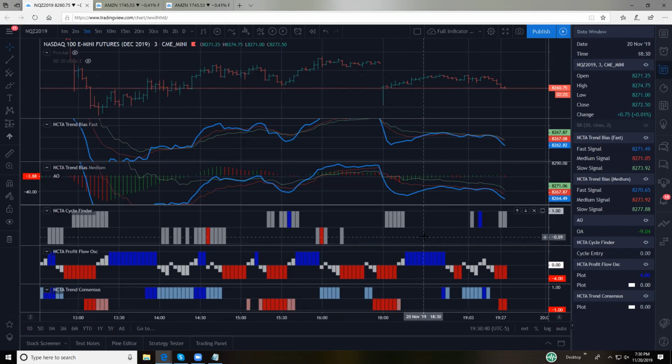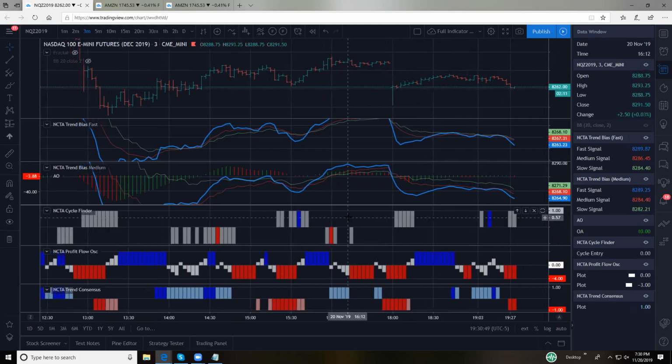The last entry that we're talking about in this session is what we refer to as the supercycle. A supercycle is where you have both of your trend biases crossed, and you also have a profit flow oscillator that aligns, and you also have trend consensus which aligns, and it all aligns with the AO.